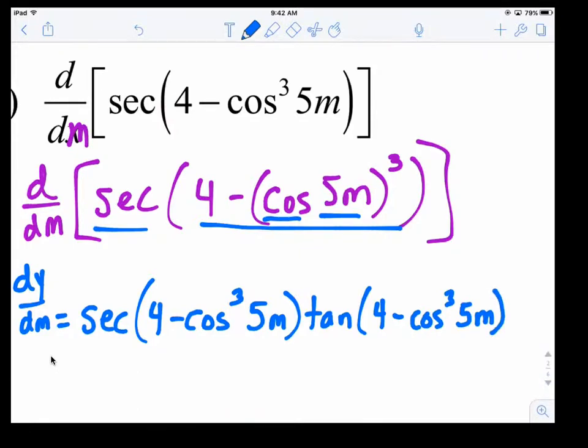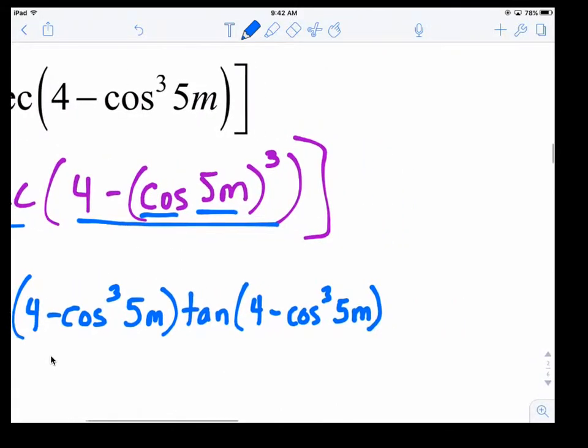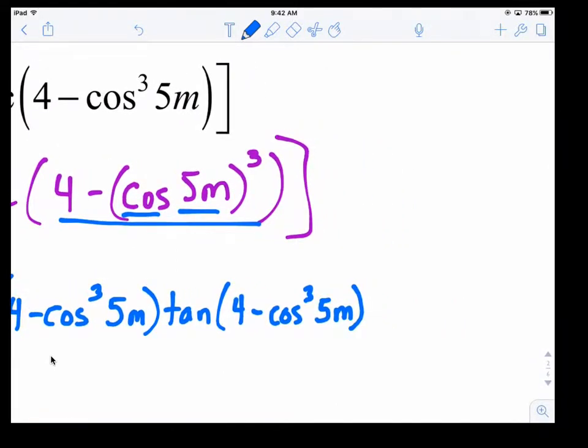The derivative of secant is secant tangent. Whatever you're taking the secant of, the tangent has to be the same thing, because the angle that you're taking it with is that. I just rewrote it like its original form. So the next part would be 4 minus cosine of 5m cubed.